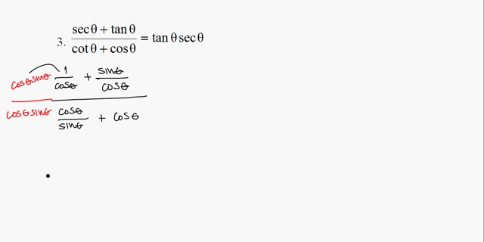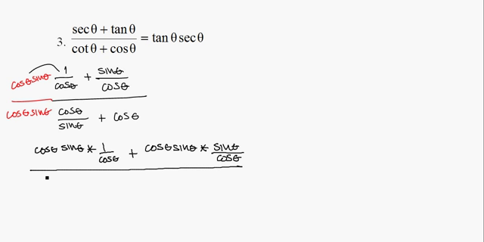So this times this is cosine theta sine theta times 1 over cosine theta plus cosine theta sine theta times sine theta over cosine theta, all over cosine theta sine theta times cosine theta over sine theta plus cosine theta sine theta times cosine theta.